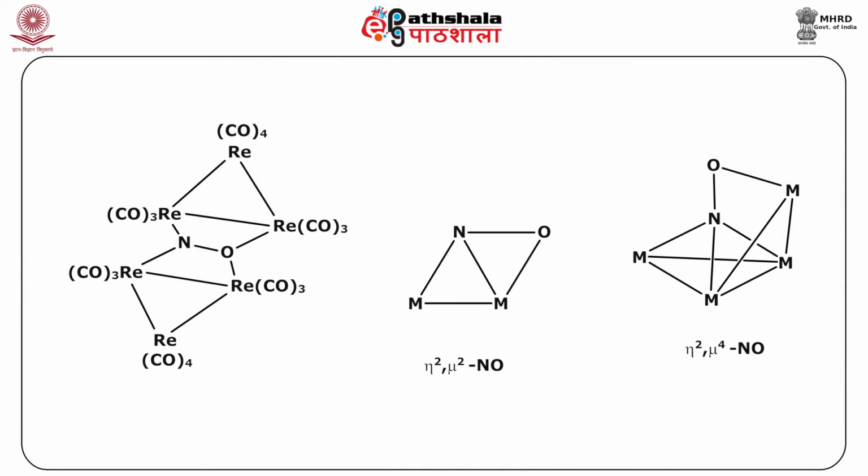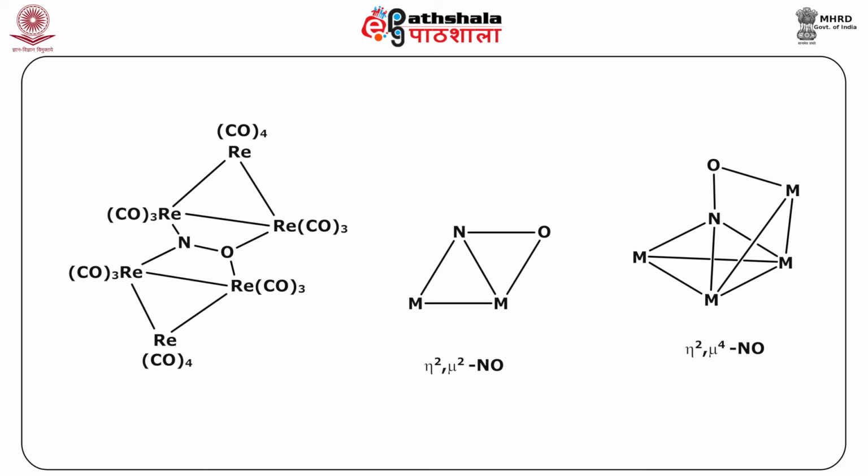An example containing unusual bridging modes of nitrosyl is shown here, which is a tetrarhenium complex, where the bridging NO is bonded through the nitrogen and oxygen to two pairs of rhenium atoms from the two triangular trirhenium fragments. Hence we can see the nitrosyl is bonded through both the atoms.